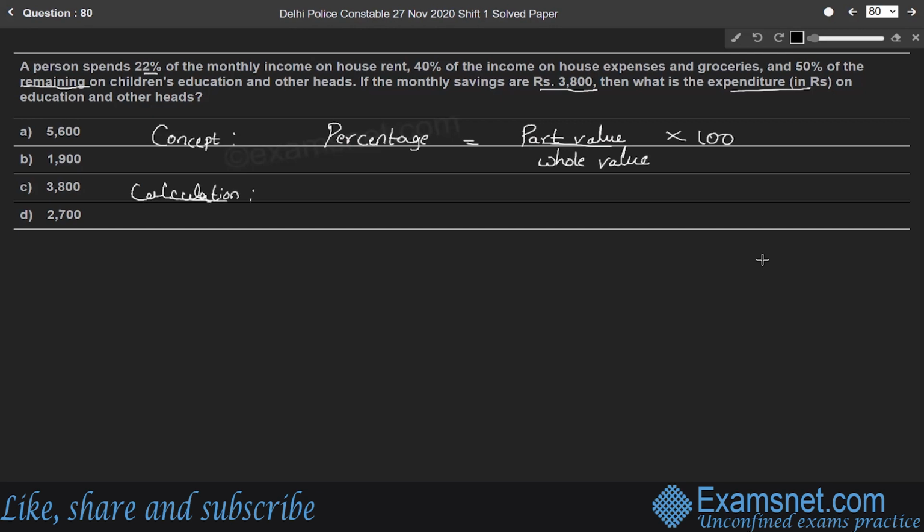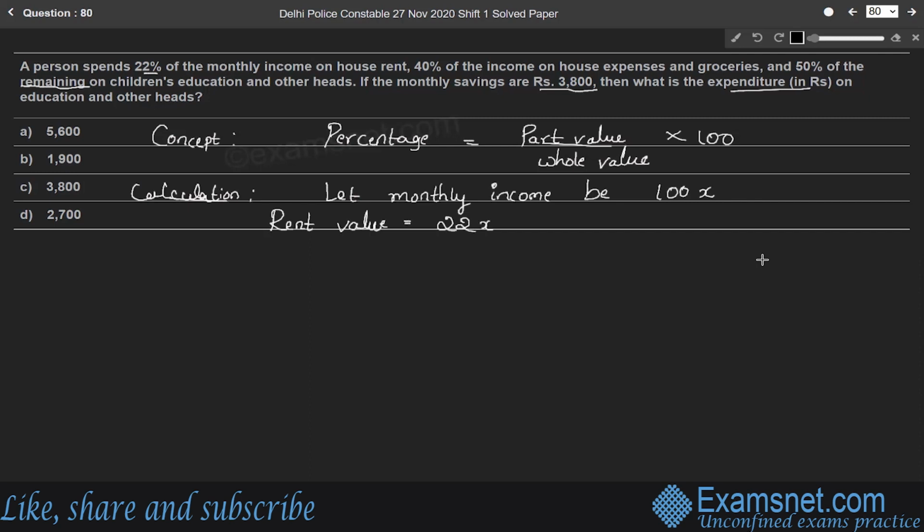So, the calculation part. Let the monthly income of that person be 100 into X. The amount he spends on rent: he spends 22% of the monthly income on house rent, so it becomes 22X.